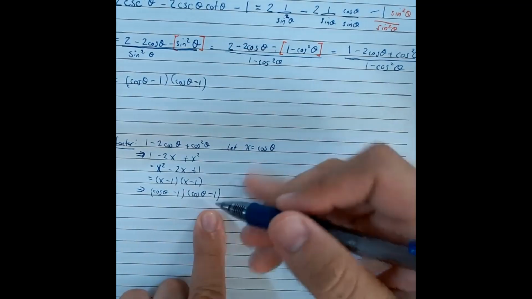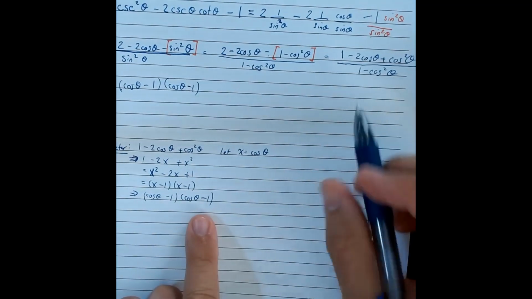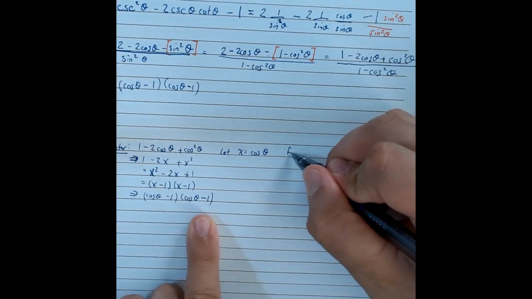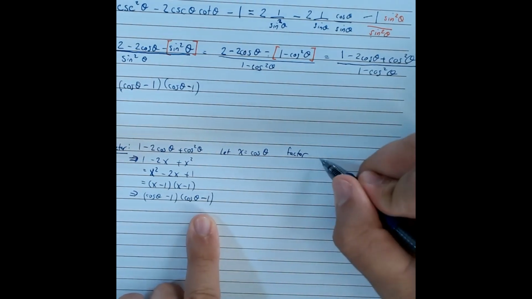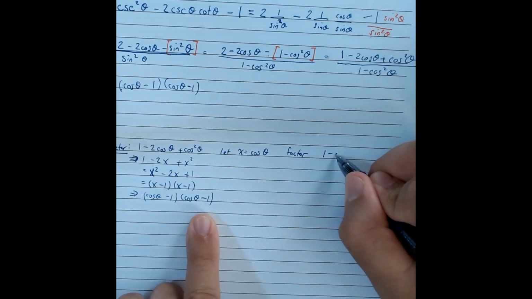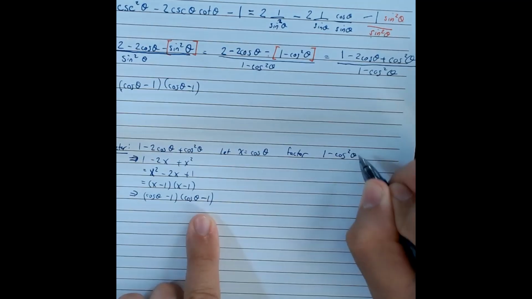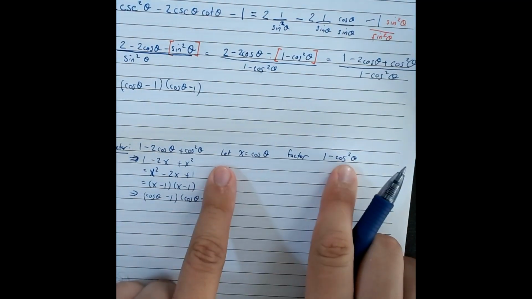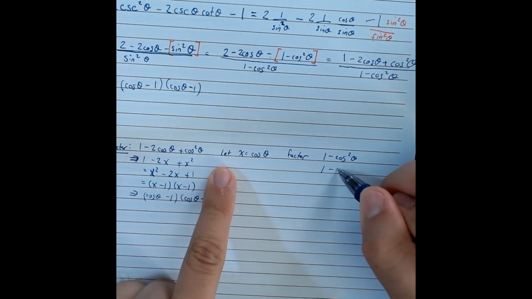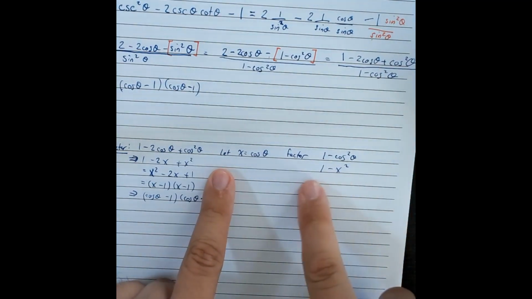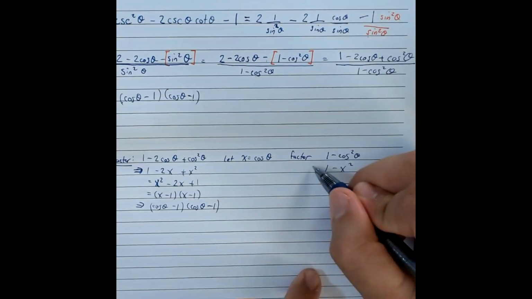Okay, and we can do the same thing for this denominator. Let's factor 1 minus the cosine squared of theta. Again, I can use the same substitution. I can write this as 1 minus x squared. That's the difference of squares. We see that all the time in algebra.